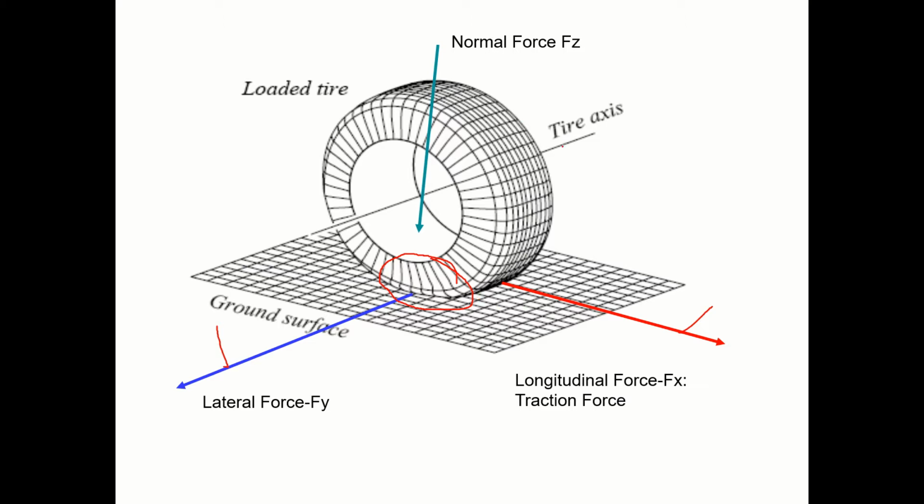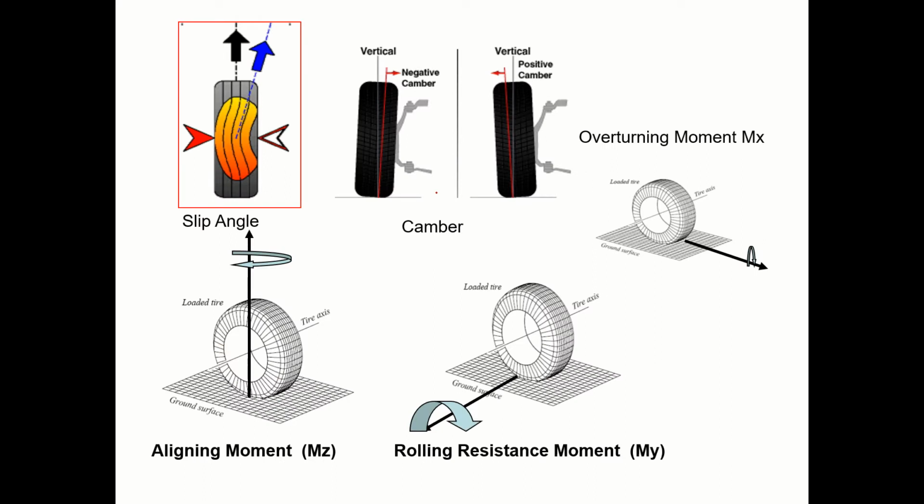And this is the tire axis passing through the center. About the z-axis, there is aligning moment. Already I explained about aligning moment. Whenever you are taking a turn, at the end of the turn, how the wheel comes back because of the caster angle provided. So we have studied already about this.